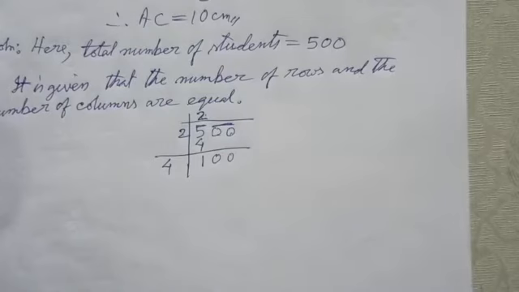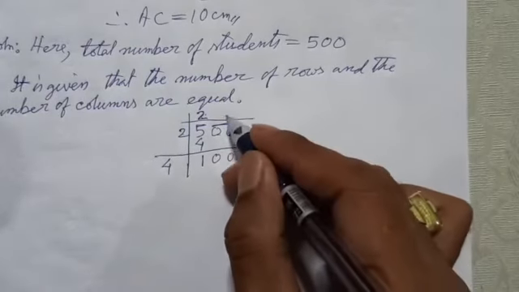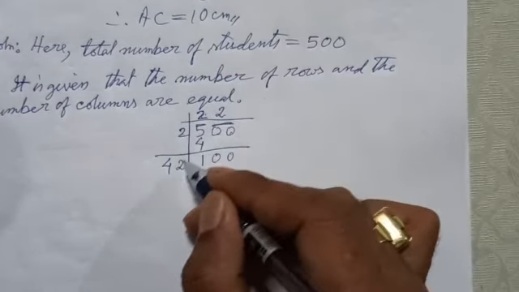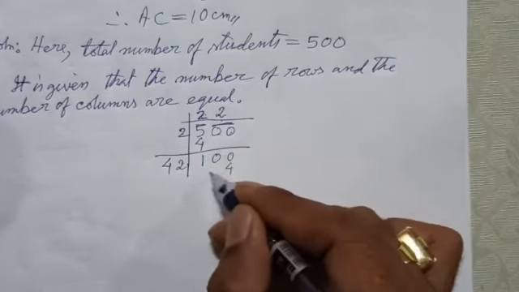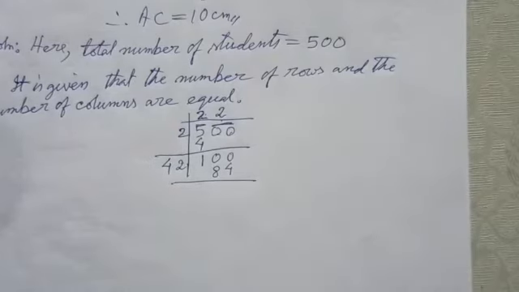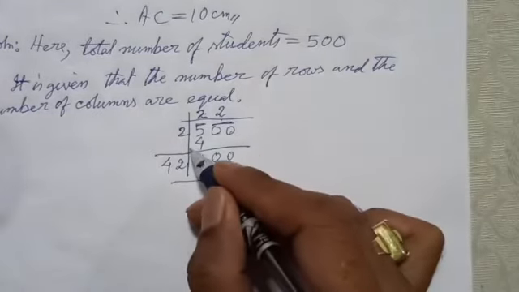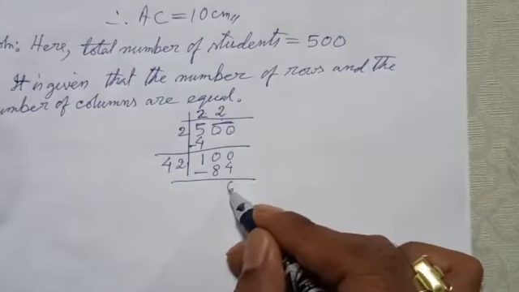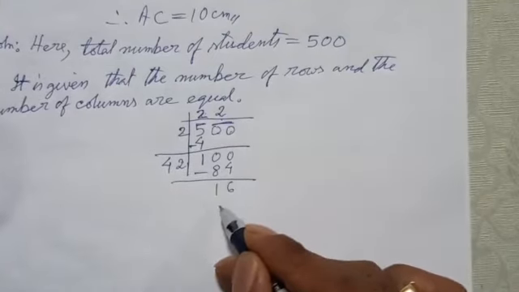Now to divide this, we have to take 2 times. Here also 2. 2 times 2 is 4. 4 times is 8. Let us subtract these, we are getting 16.